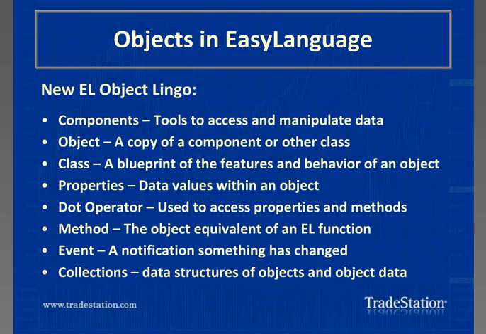The most important aspect of objects is the next feature in the list, which is events. This is really what sets objects apart from core EasyLanguage. Events are properties of objects that notify us when something has changed. So if I am building an account portfolio calculation and I need to know whenever my account balance changes, an event will notify me of that.